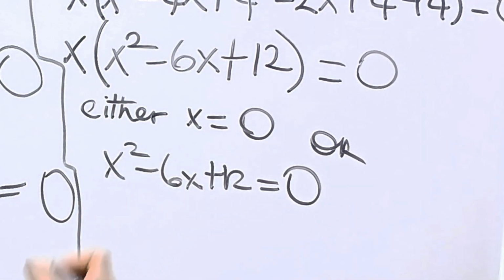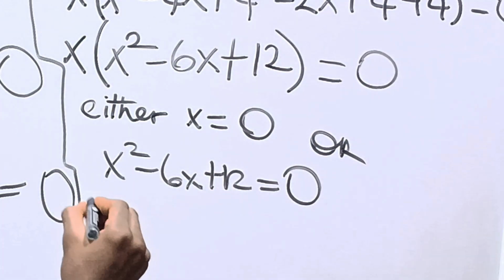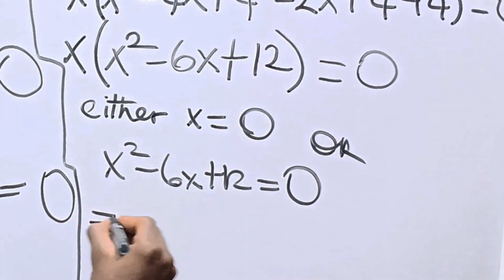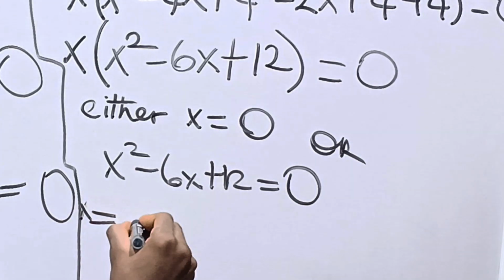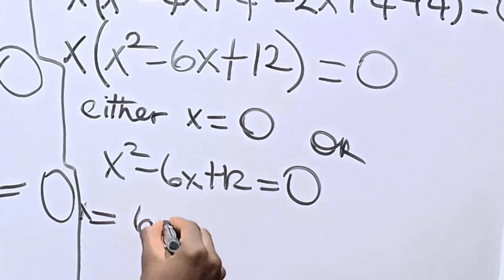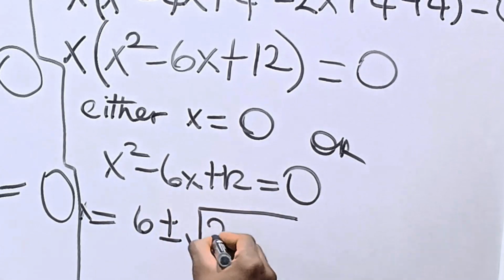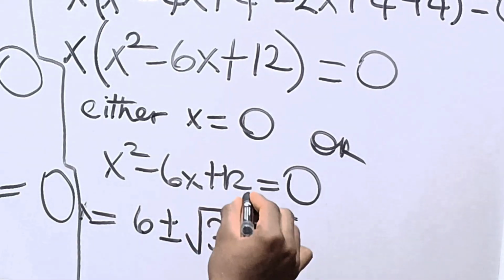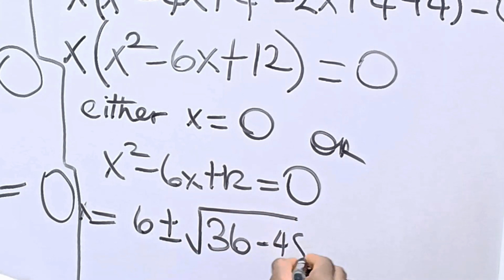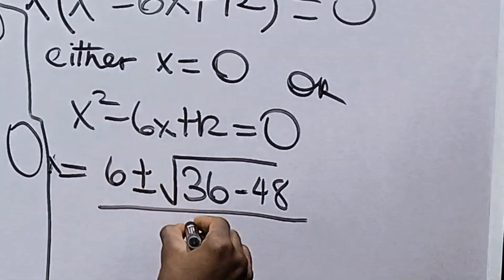From here, we can use the almighty formula. So we have x is equal to minus (−6) is 6, plus or minus the square root of 6 squared is 36, minus 4 times 12 is 48, all over 2 times 1 is 2.